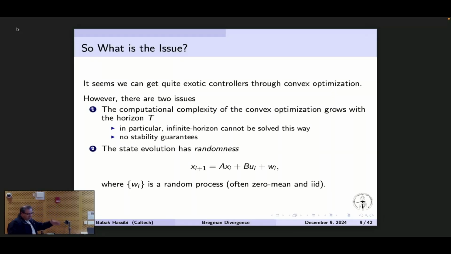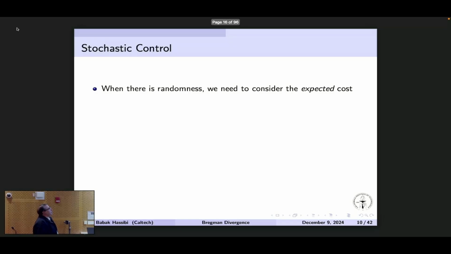Here, there's this process constantly hitting me, which is unknown. So you can no longer talk of the cost, but you now have to talk of the expected cost over the randomness and the disturbances.